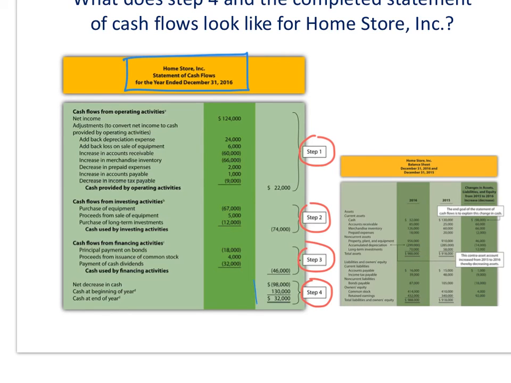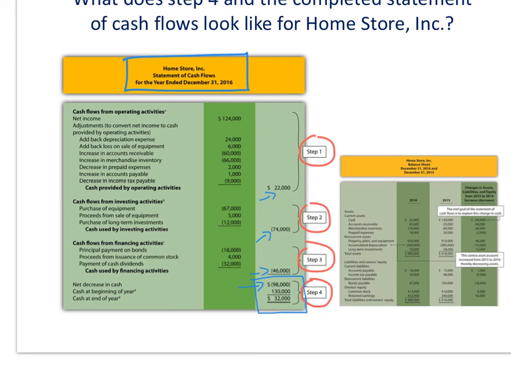And that information is shown at the very bottom, right here. The number I want you to take a look at to start is this $98,000 decrease. That is simply the sum of the three numbers you see up above: 22,000 plus a positive 22,000 minus the 74,000 minus the 46,000, and that nets out to negative $98,000.